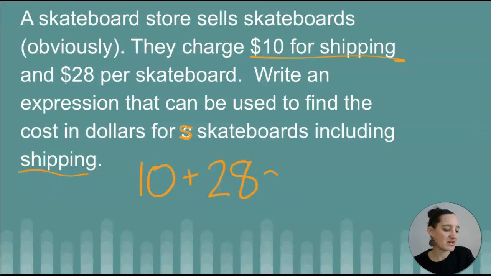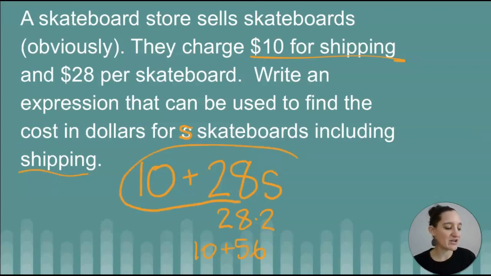So we could just write 28S. The S stands for skateboard. So if he buys one skateboard, it's going to be $28 plus the $10 shipping. If he buys two skateboards, it'll be 28 times 2, which will be 56 plus the $10 shipping, and so on and so forth. But until we know how many skateboards whoever is buying decides to buy, we can't figure out the total.